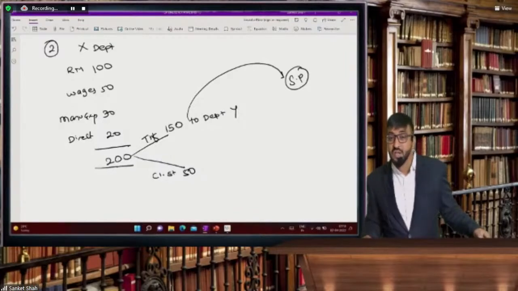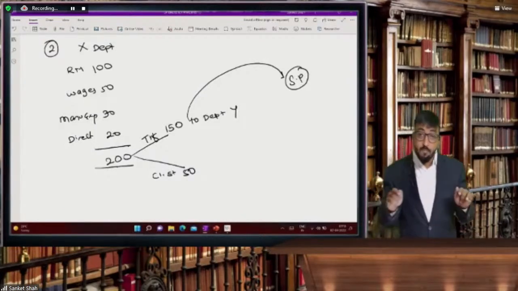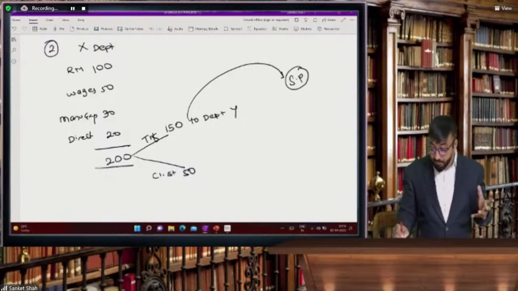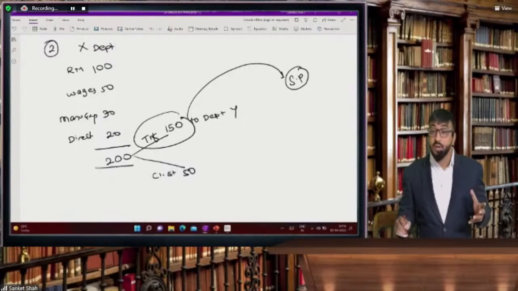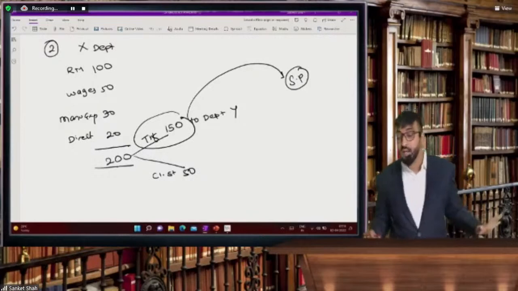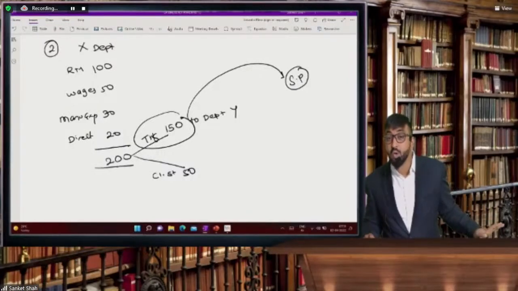Sir, the question is, when you are dividing 150 and 50, out of this 150 which you are transferring, if you transfer it at cost, it's okay.